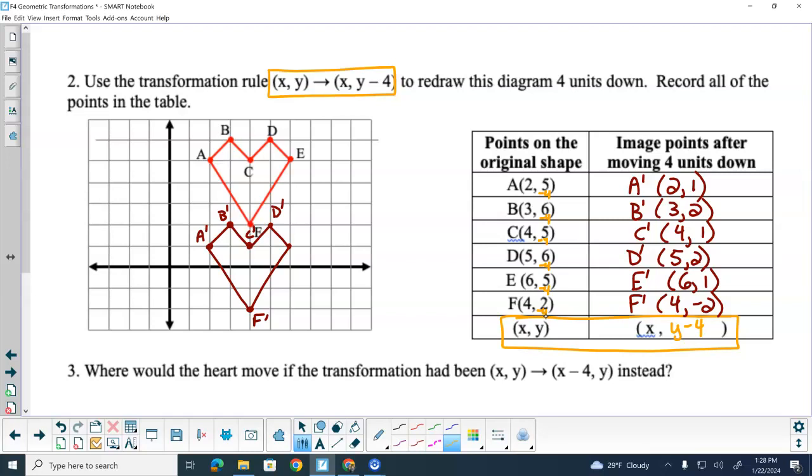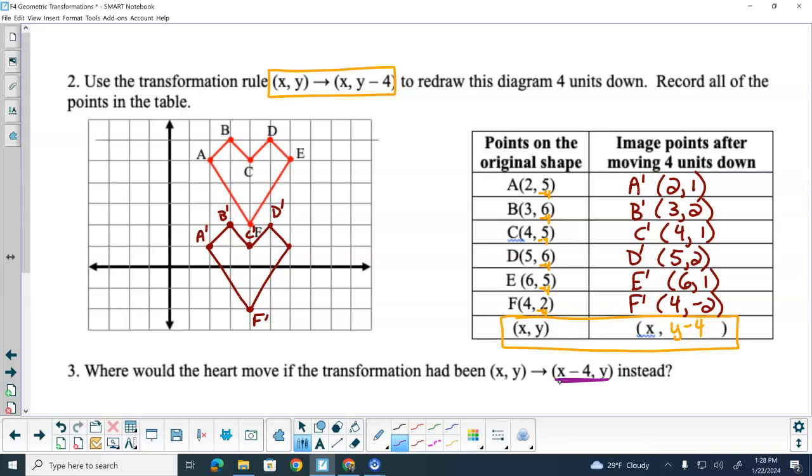Question number 3. Where would the heart move if the transformation had been this one instead? Which direction and how many would it have moved? If we're subtracting 4 from the x now instead of the y, which direction would it have moved?